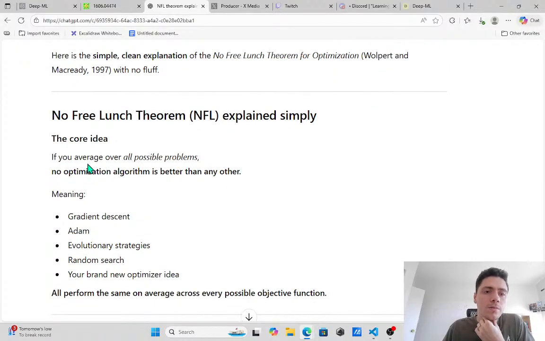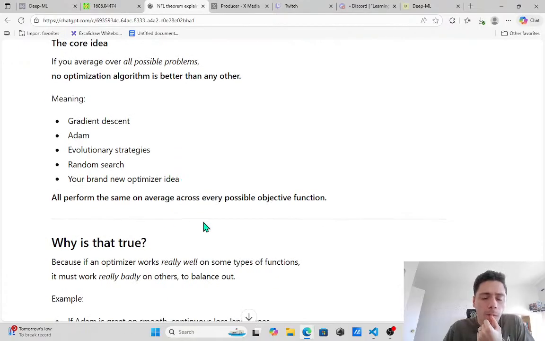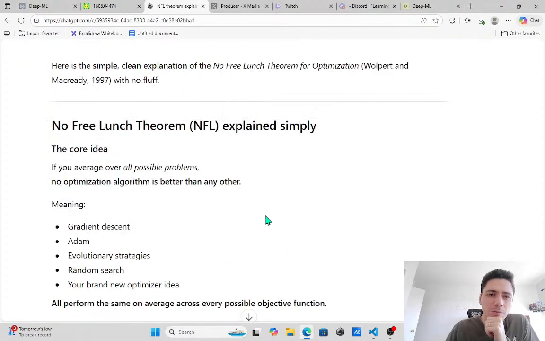Core idea: averaged over all possible problems, no optimization algorithm is better than any other. Why is this true? That's a good point.